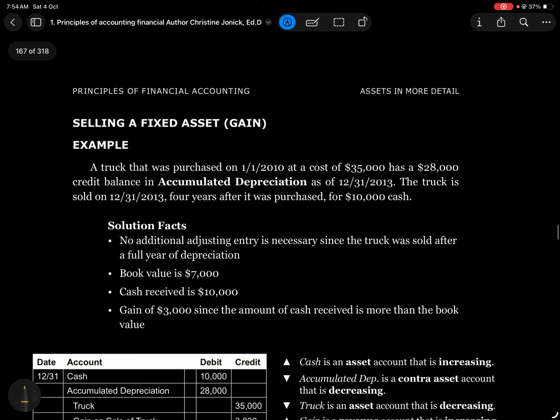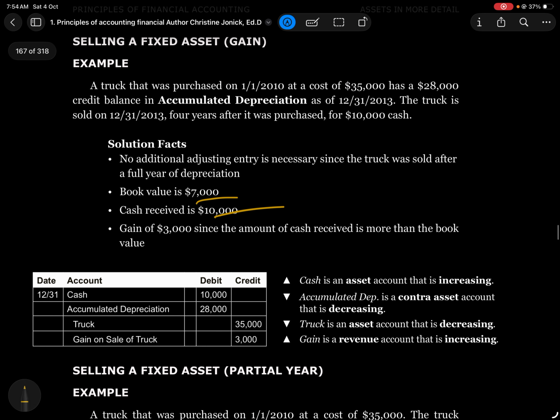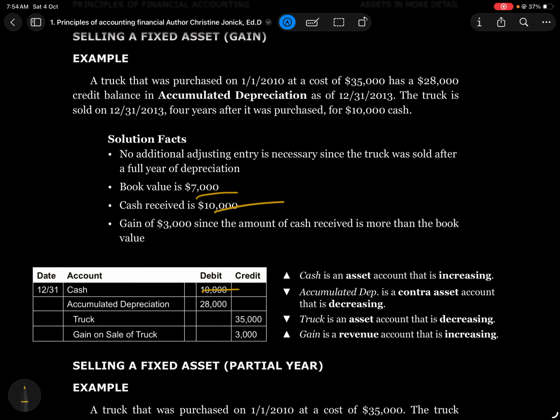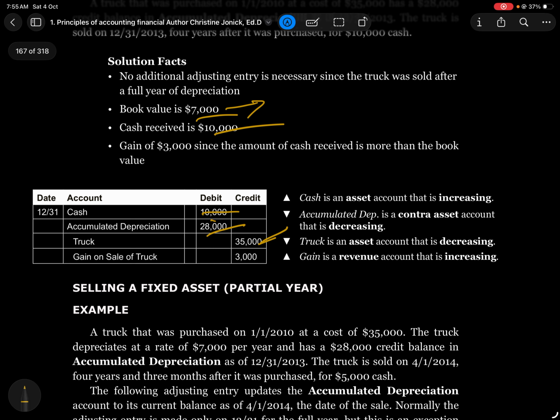In case of gain, what would happen is we receive 10,000, right? So cash 10,000, accumulated depreciation 28,000, right? So our book value is determined by what? 35 minus 28. That's why we've got 7,000. And we need to get rid of the truck. We do credit 35, right? And what happens when we get there is a gain as well, so we will need to record it in P&L as well, right? Gain of 3,000.